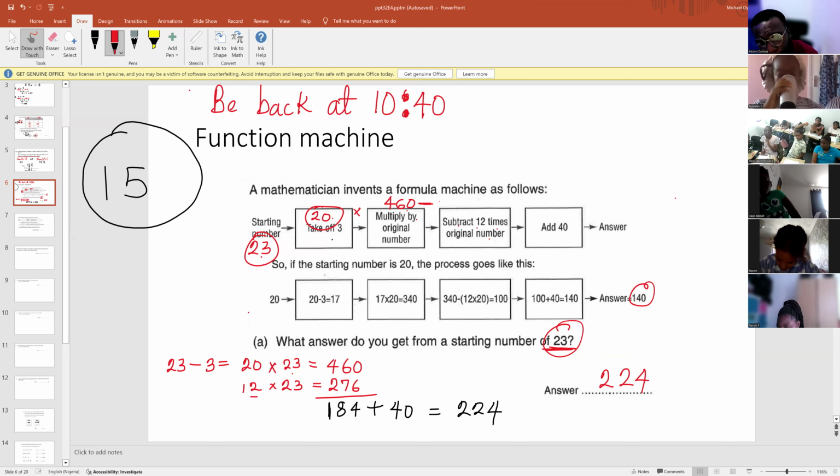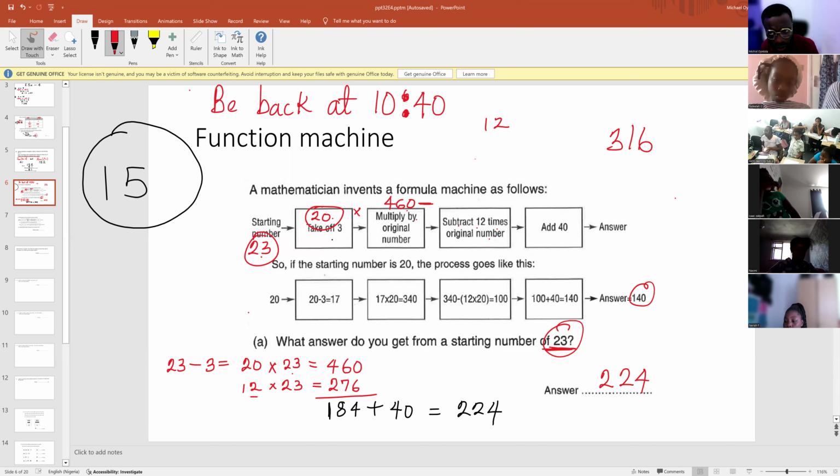So the total answer is 316. Oh, you did 12 times 23? Yeah. 12 times 23 is 276, not 316. No, I meant the total answer at the end when you add 40, and then that gives you 316.